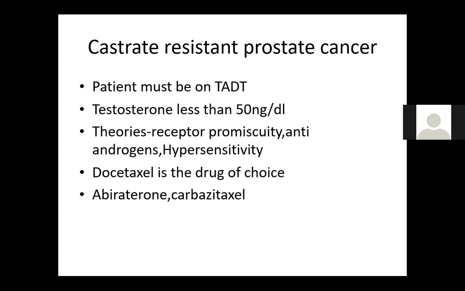the patient should have 100% blockade of the androgens. 2, for you to diagnose it, you should have testosterone levels that are less than 50 nanograms per deciliter. If you have testosterone that is more than 50, then it means you have not achieved total androgen deprivation therapy.